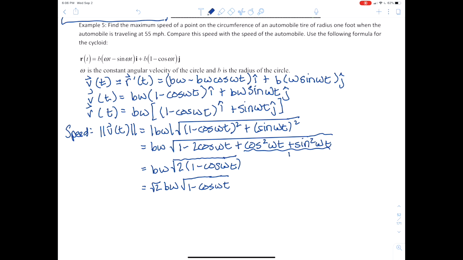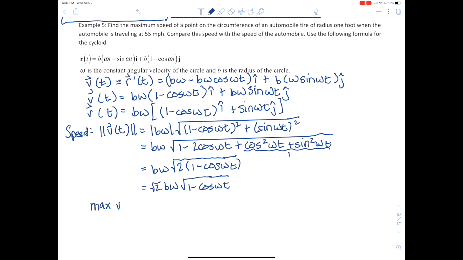Cool so far? Now, when is the maximum value going to occur? What do you think? Well, just think about it. If omega t were 0, cosine would be 1, so you'd have 1 minus 1, which is 0.